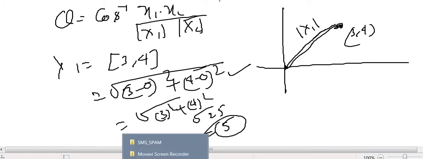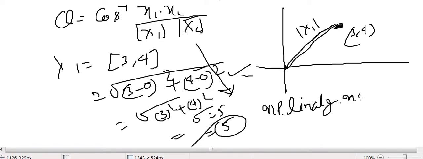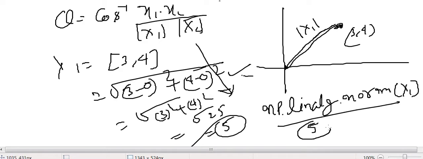You are not going to calculate the mod by hand like this. You just have to calculate it using NumPy. So how can you calculate the mod value using NumPy? You just use np.linalg.norm, the same thing. Just pass your vector, and if you pass x1 it will give you the 5 directly.